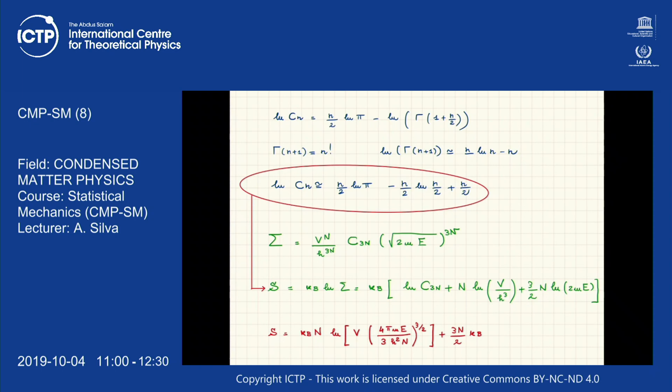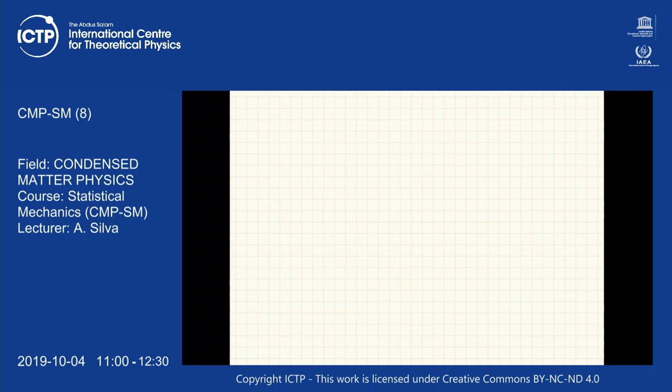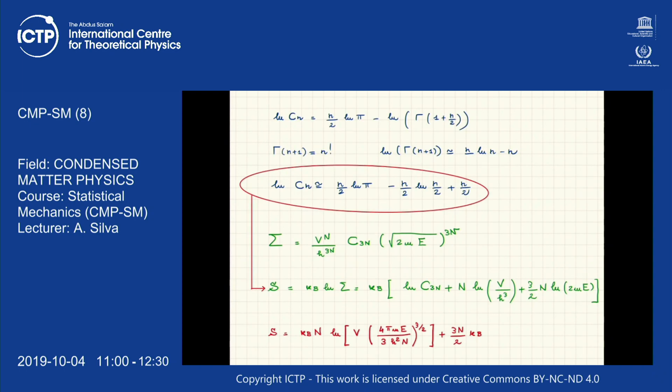This is the expression. So now what I want to do is I want to show you that this expression is correct. And the way I'm going to show you that is I'm going to compute the equation of state, right? From this expression, the equation of state that we all love and dream at night. So first of all, let's take an exponential. So let's take S minus this stuff here and exponentiate on both sides of this equation.